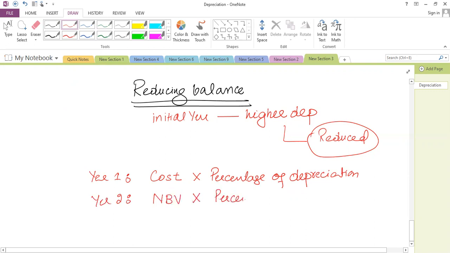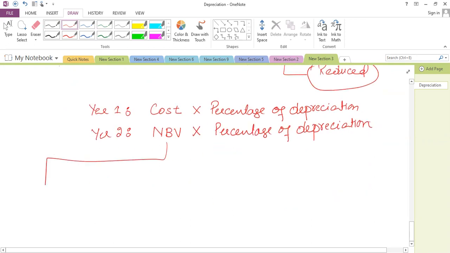The percentage will remain the same, but depreciation would be charged against the net book value, that is cost minus depreciation. How can we calculate the net book value? It is the cost minus allowance for depreciation.